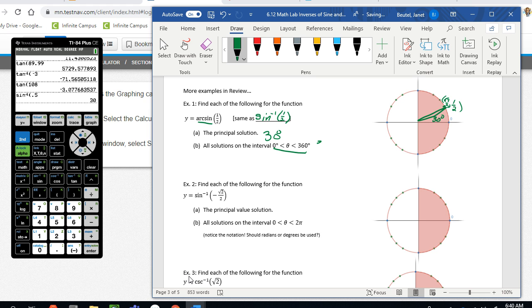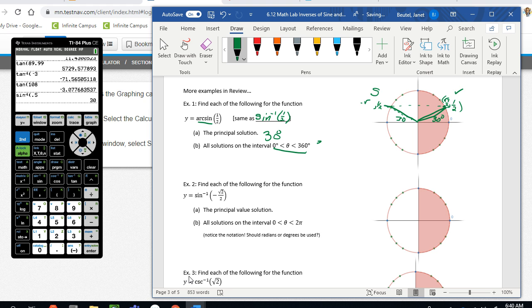And then we have to find all solutions where the sine is positive. Well, where else is sine positive? Sine's positive over here because of All Students Take Calculus. So that means if I reflect this line right here, where it's 30 degrees, it will also have the sine of 1/2.